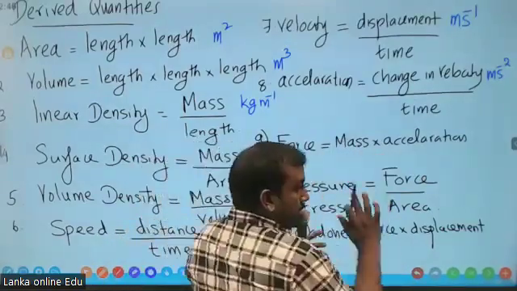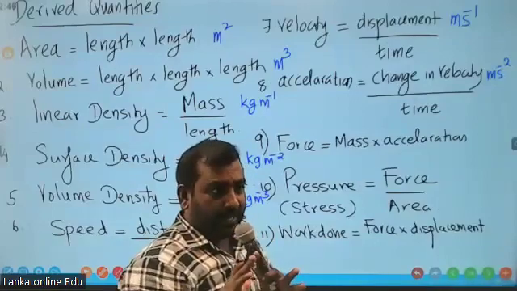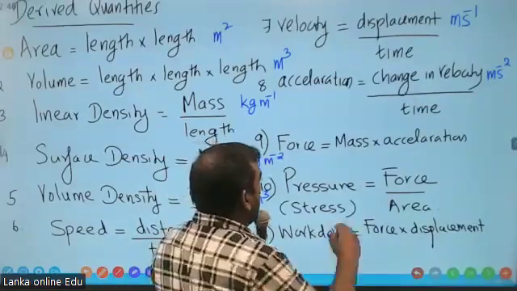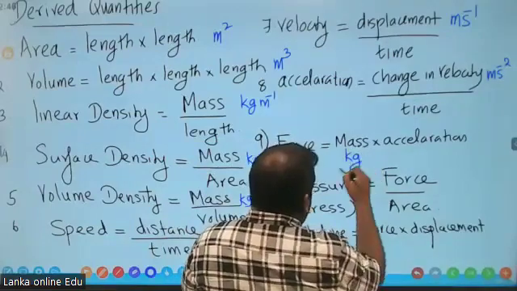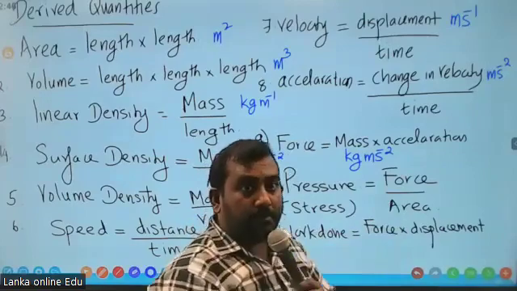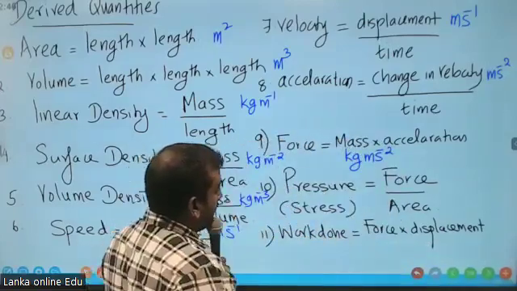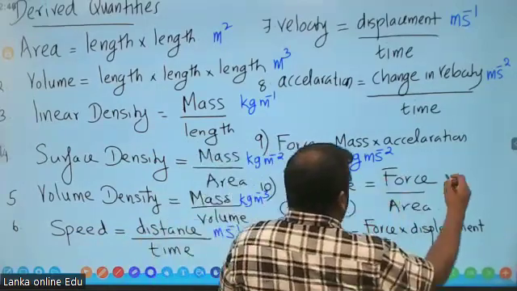What about force? Now, don't go and put Newton and all. Those units we'll learn later. We are writing in fundamental units. Mass is measured in kilogram. Acceleration measured m s-2. Kg m s-2. Pressure is force over area.